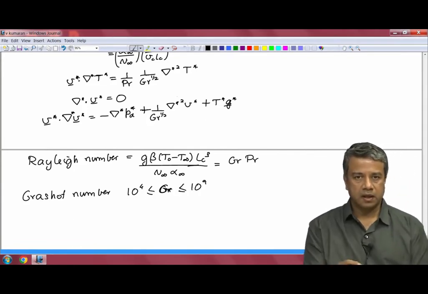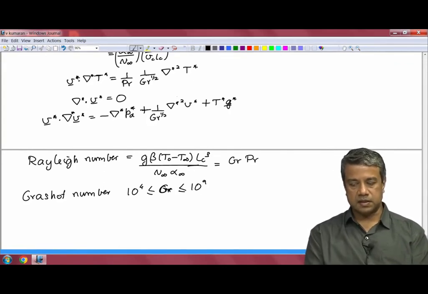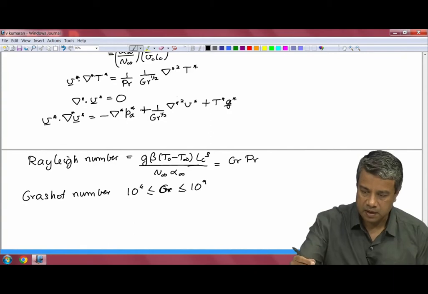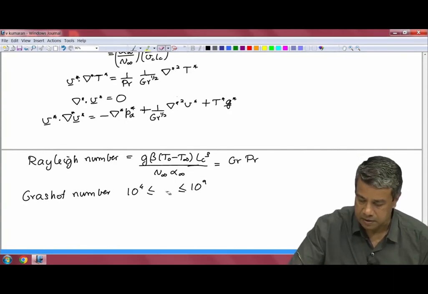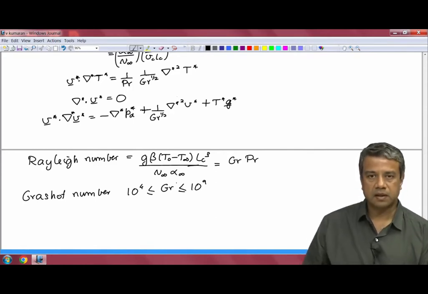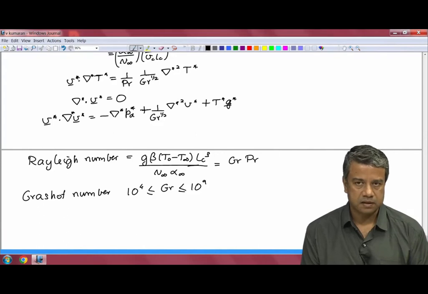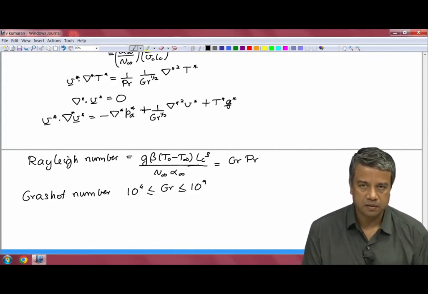It could go even higher if the temperature difference is even larger, but normally it is in this range. We had actually evaluated the magnitude of the Grashof number, and this is very large. So, this implies that this is basically like a high Reynolds number flow.